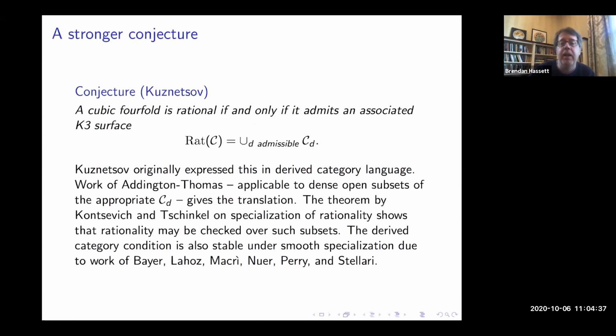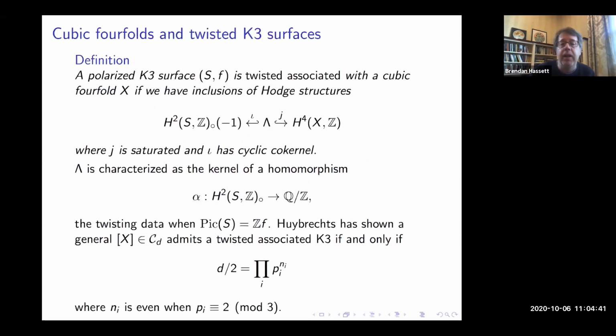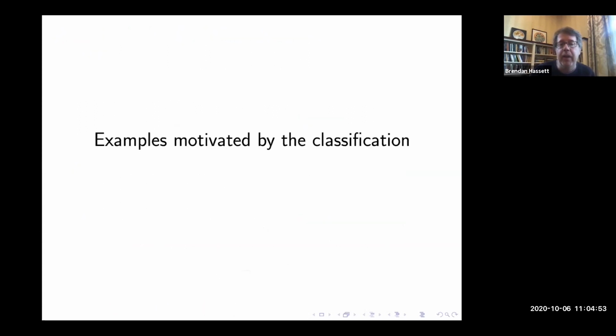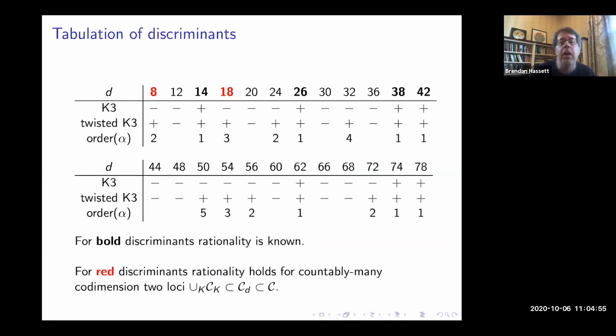In some sense, killing the Brauer class here, the alpha, has the effect of turning the twisted K3 surface into an honest K3 surface. That's reflected in the cohomology by having an associated K3.